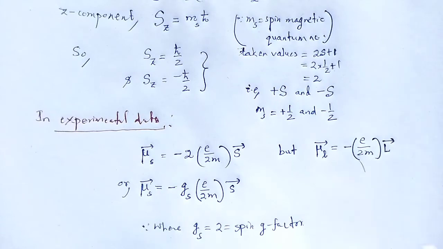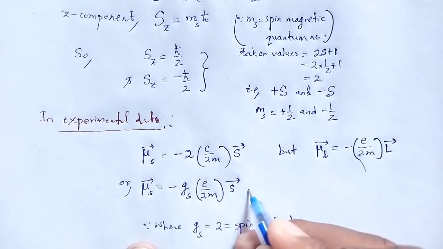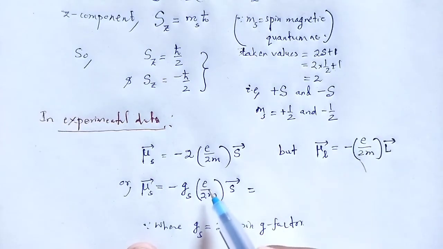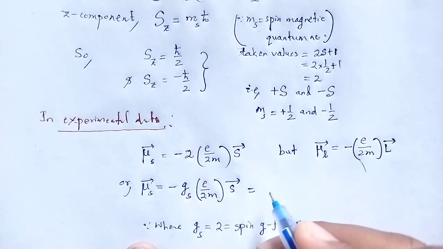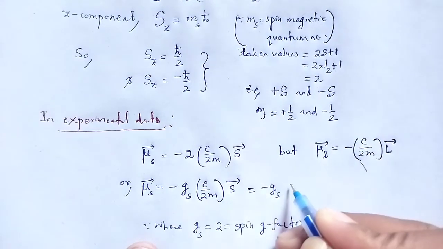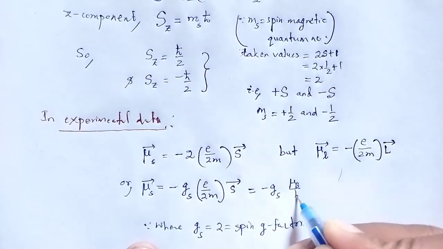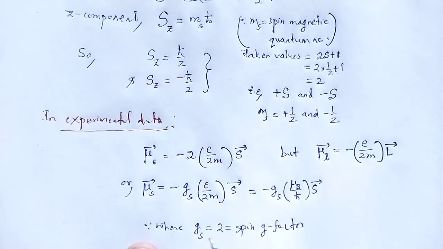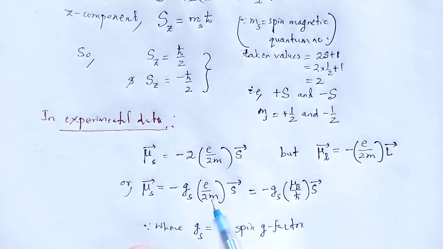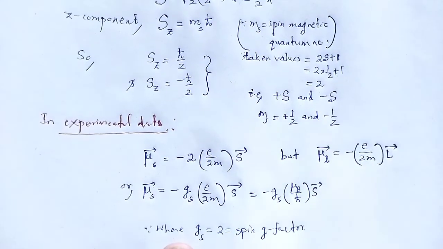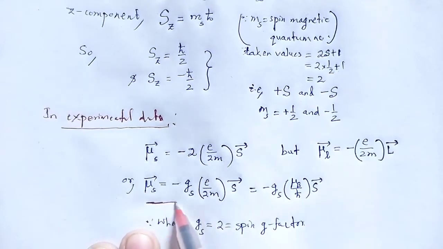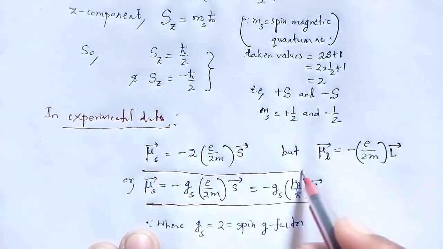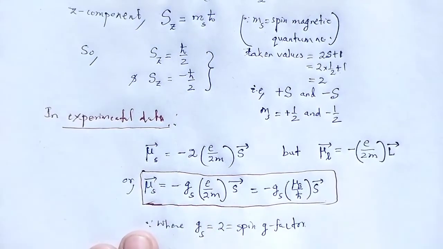That can be written as, in e by 2m I can substitute mu b by h cross, that is minus g s mu b by h cross into S vector, and the possible component of mu s along the z axis can further be written like this. This is mu s in terms of the gyromagnetic ratio.